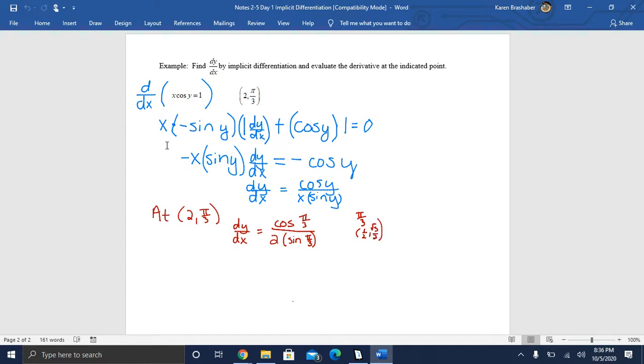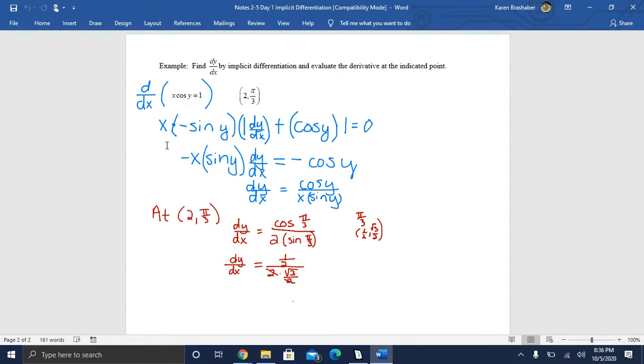All right, so dy dx would equal 1/2. And then in your denominator, you'd have 2 times the square root of 3 over 2. So we can cancel those 2's in the denominator.